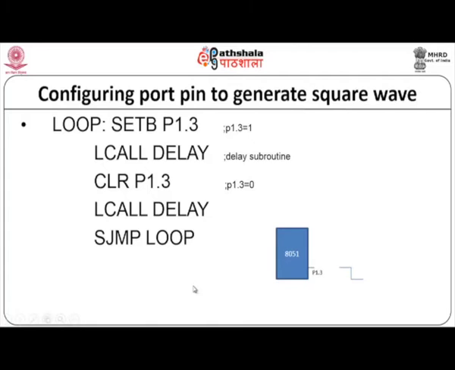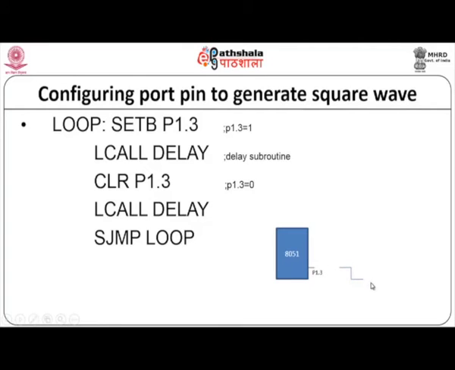In a square wave, I will say this is high and this is low. High means 1. I retain the value 1 for a certain time, then give a value of 0 for a certain time. If these two times are similar, it becomes a square wave. If they are different, it looks like a rectangular wave.